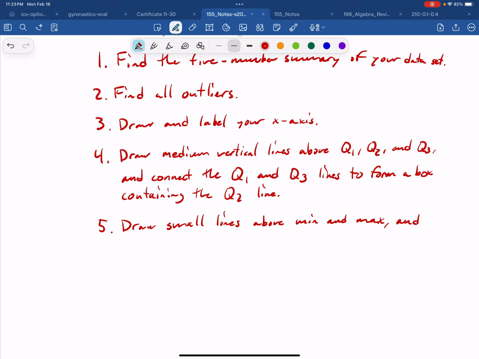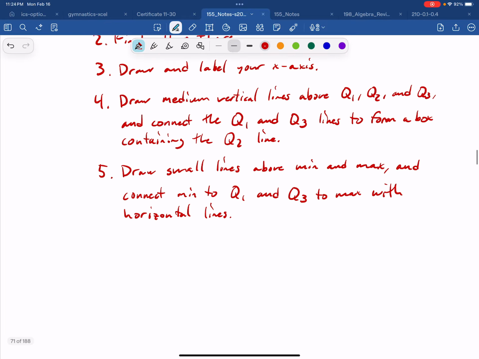And I'll say connect, whoops, min to Q1 and Q3 to max with horizontal lines. All right, and that's how you create a box plot.